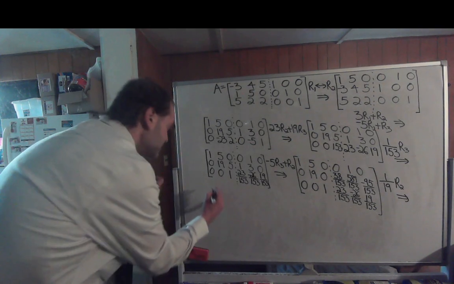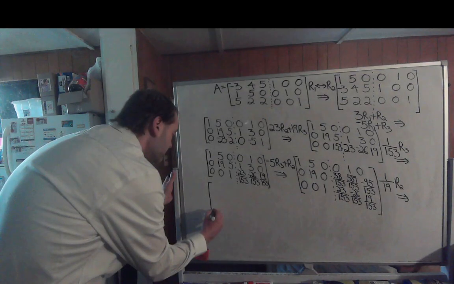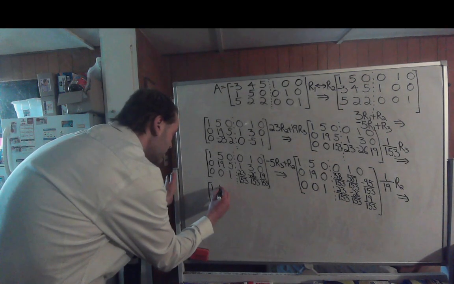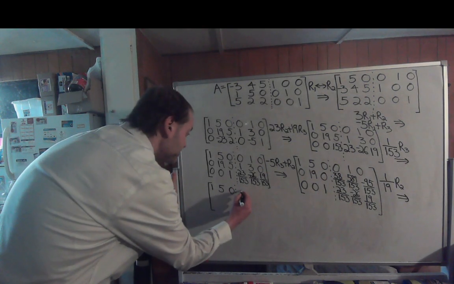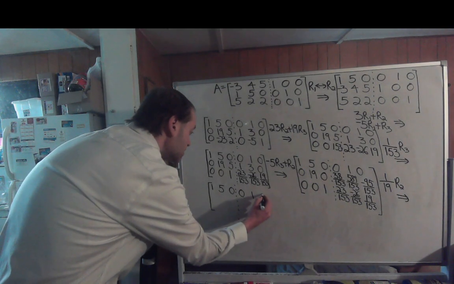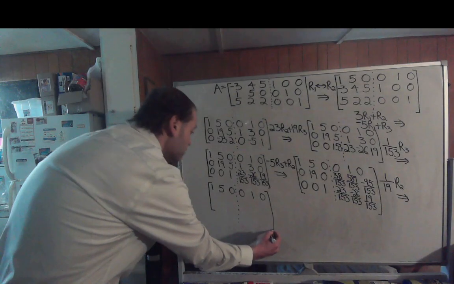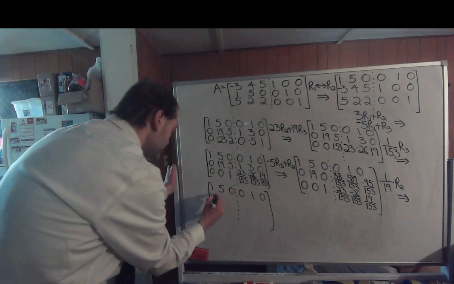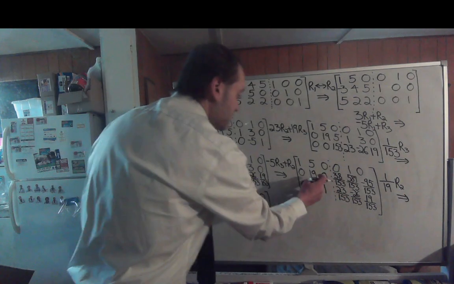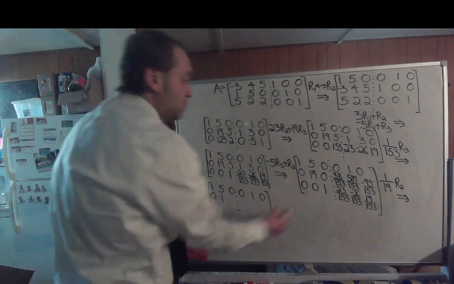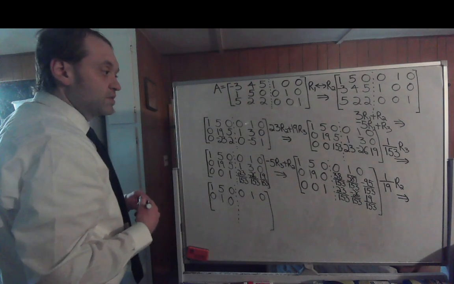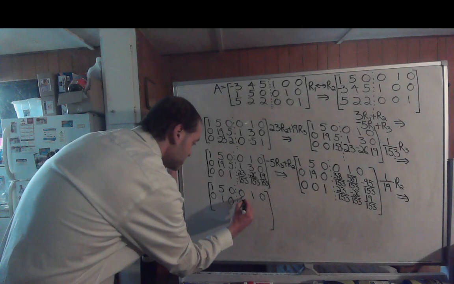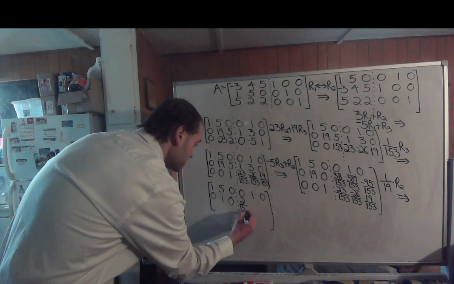Another awful one. So row 1, just leave it alone for a minute here. Alright, so 1/19 of row 2, that's still 0 for the first entry. 1/19 of 19 turns into 1. 1/19 of 0 is still 0. Now, 1/19 of 38/153, that would become 2/153.